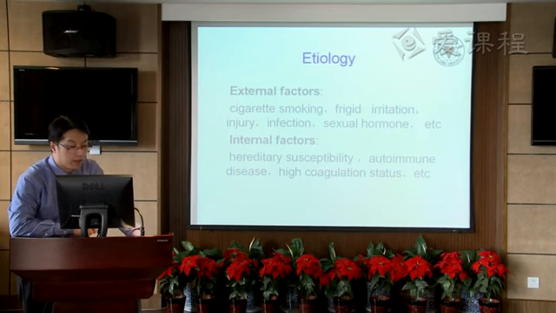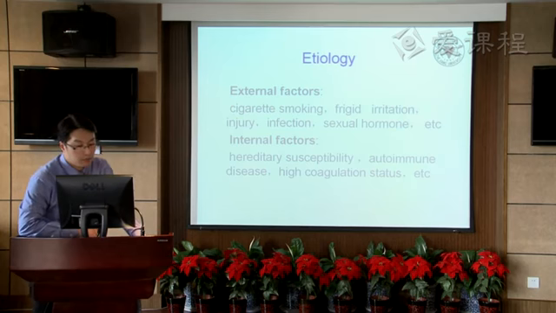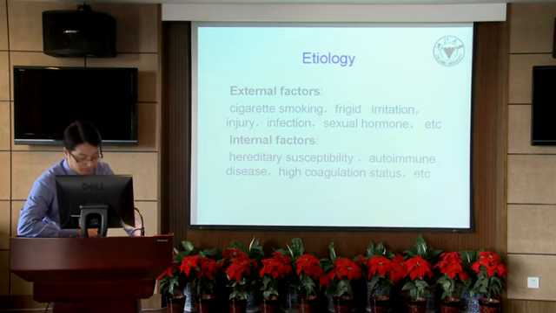Etiology includes external factors and internal factors. Cigarette smoking, cold irritation, injury, infection, sex hormones, and so on are the external factors. Heredity and susceptibility, autoimmune disease, hypercoagulable state, and so on are the internal factors.